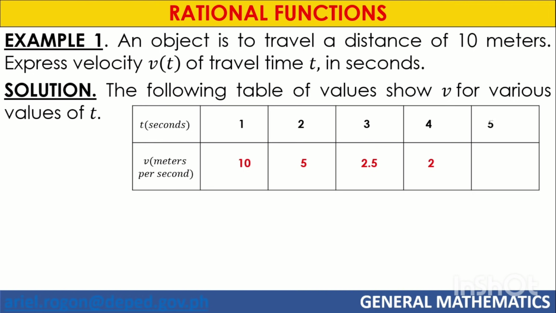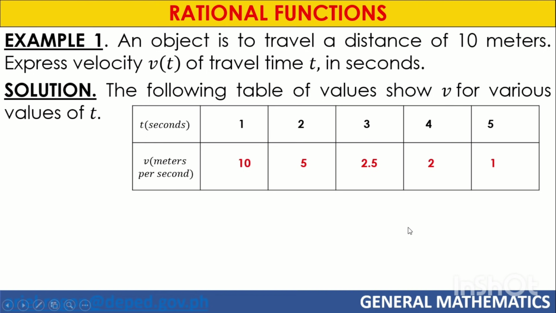Matatravel niya. In 5 seconds, that will be 1 meter. Bakit kaya ganyan, no? Using ano yung magiging function natin? So, yan ang tanong. So, paano natin nakuha yung 10, 5, 2.5, 2, and 1?